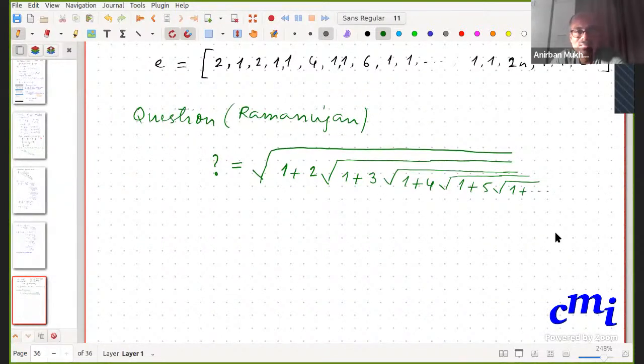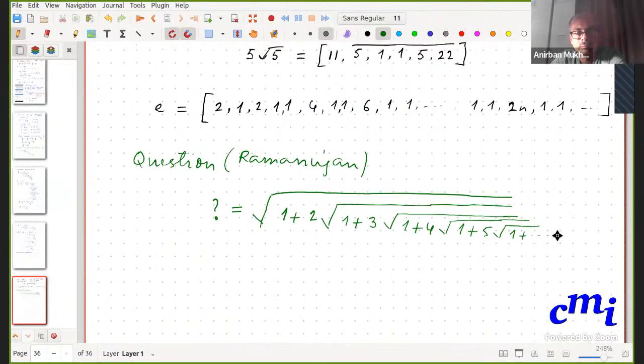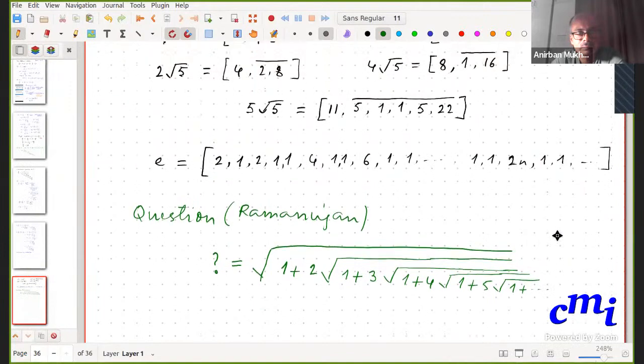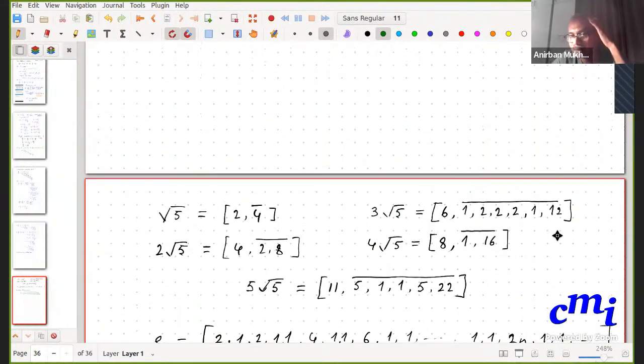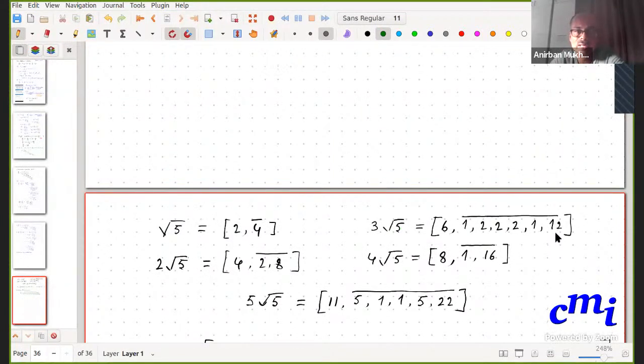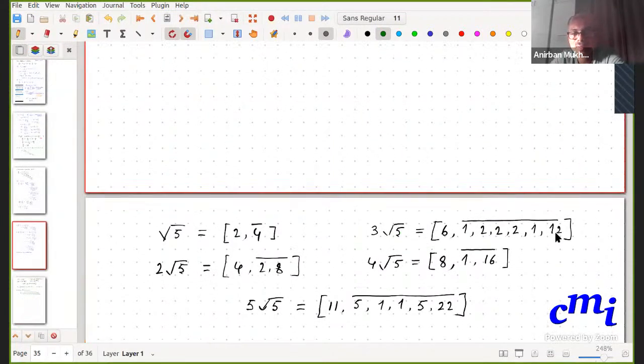So any questions? So I urge you to try this continued fraction calculator. It gives interesting things, and also do this kind of experiments with these periods of quadratic irrationals.